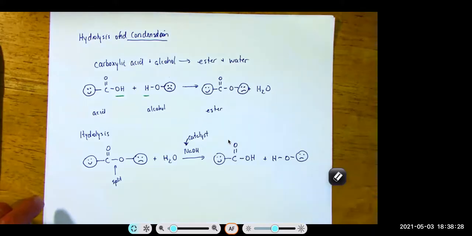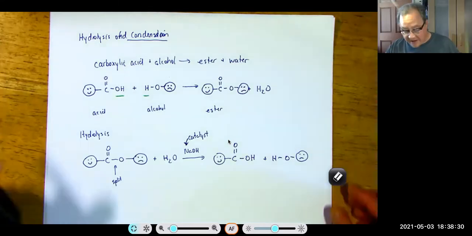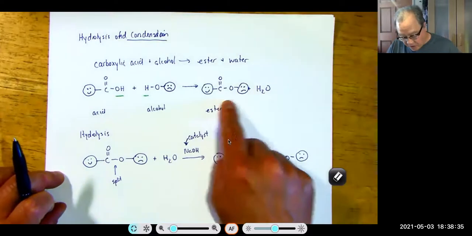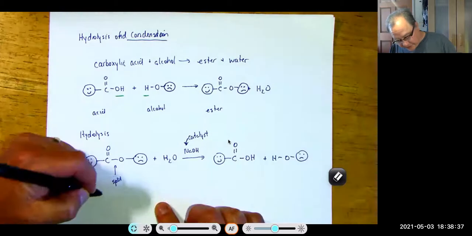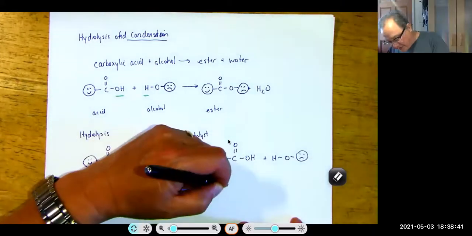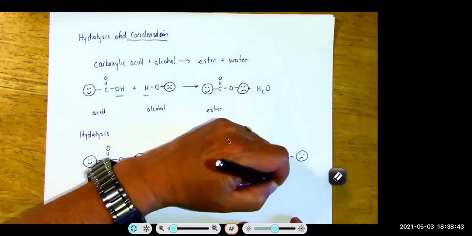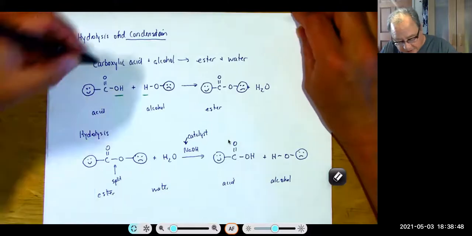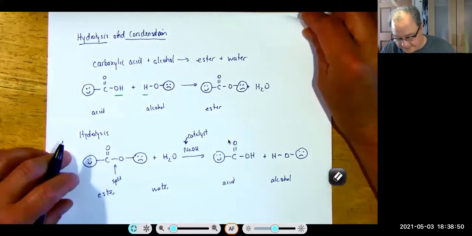They're opposite. Here, you make an ester and water. Here, you have an ester and water, and you make an acid and an alcohol. So they're like reverse reactions? Yeah, they're the reverse of each other. So hydrolysis and condensation are opposites.